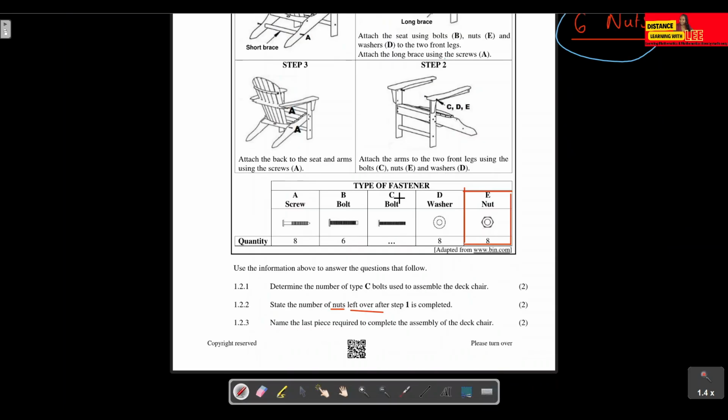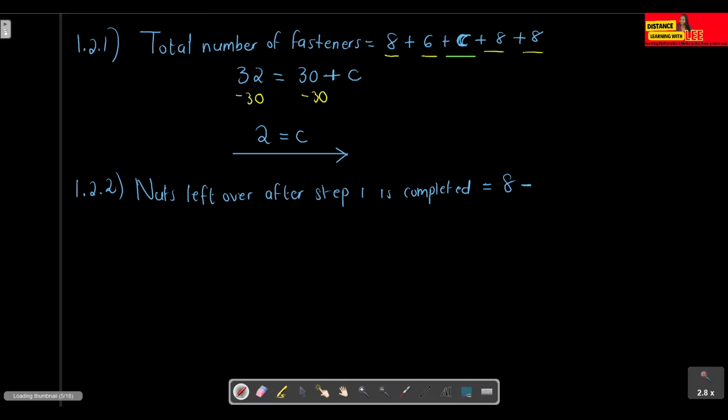So when you use a bolt, you need to secure that bolt with a nut as well as a washer. That is why we minus 6 nuts that were used. So the nuts left over after step 1 is completed is 8 minus 6, which is equal to 2 nuts. So 2 nuts were left over after step 1 was completed.